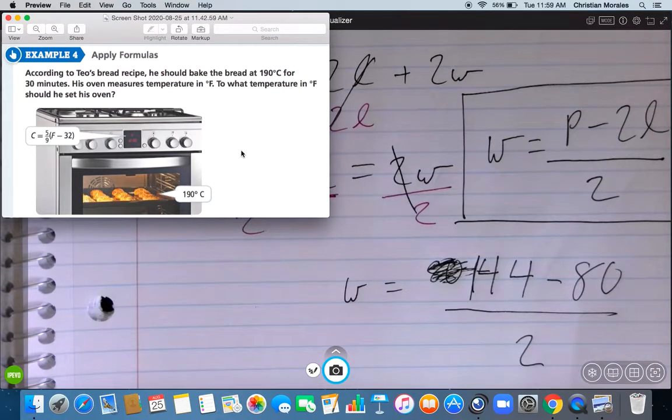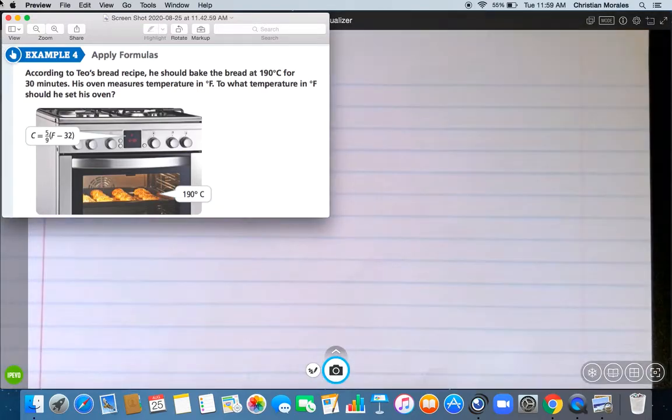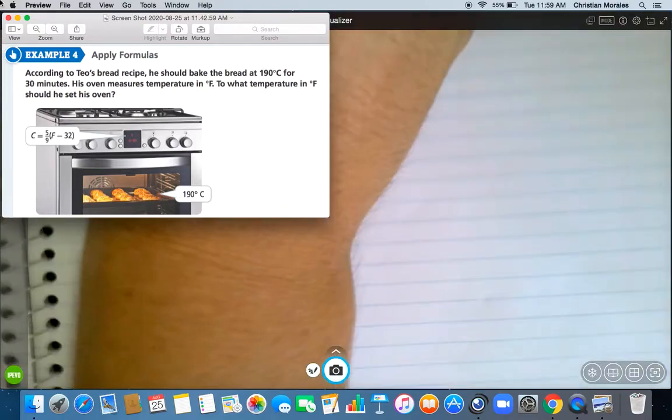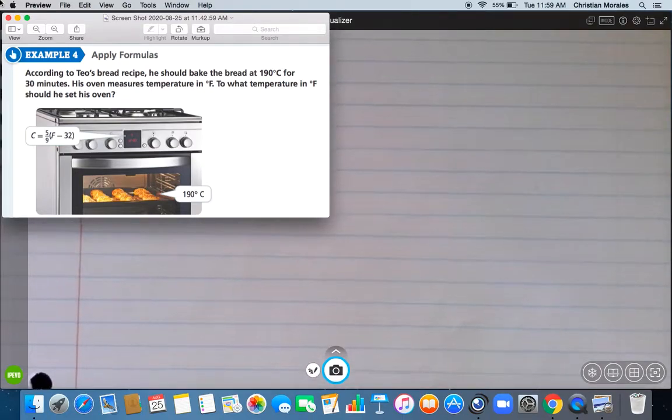Number 4. Now number 4 is another formula, but this formula is for temperature. So according to Teal's bread recipe, he should make bread at 190 degrees Celsius for 30 minutes. His oven measures temperatures in Fahrenheit, right? So here in the US we use Fahrenheit. In other countries like in Europe, they use Celsius for temperature.